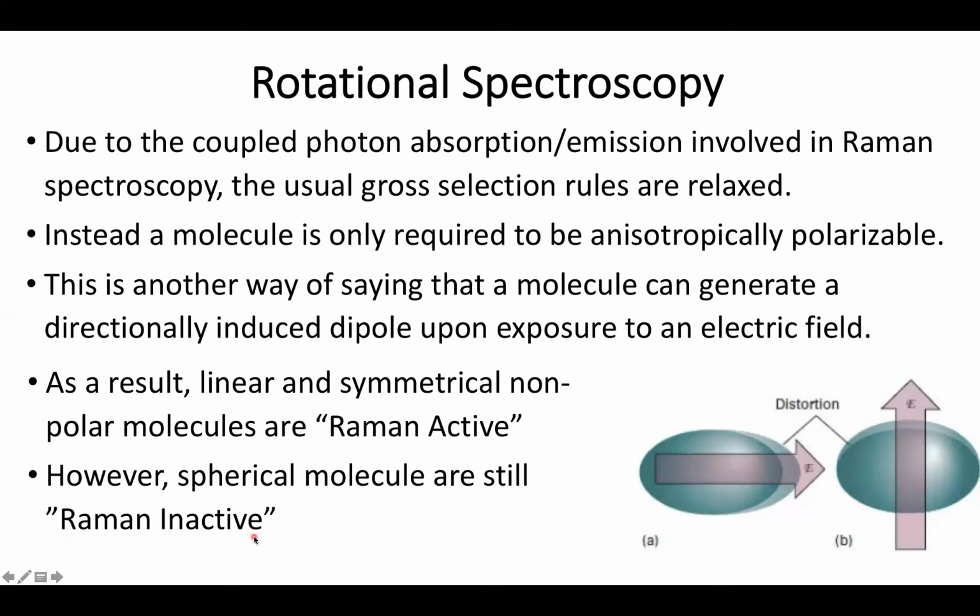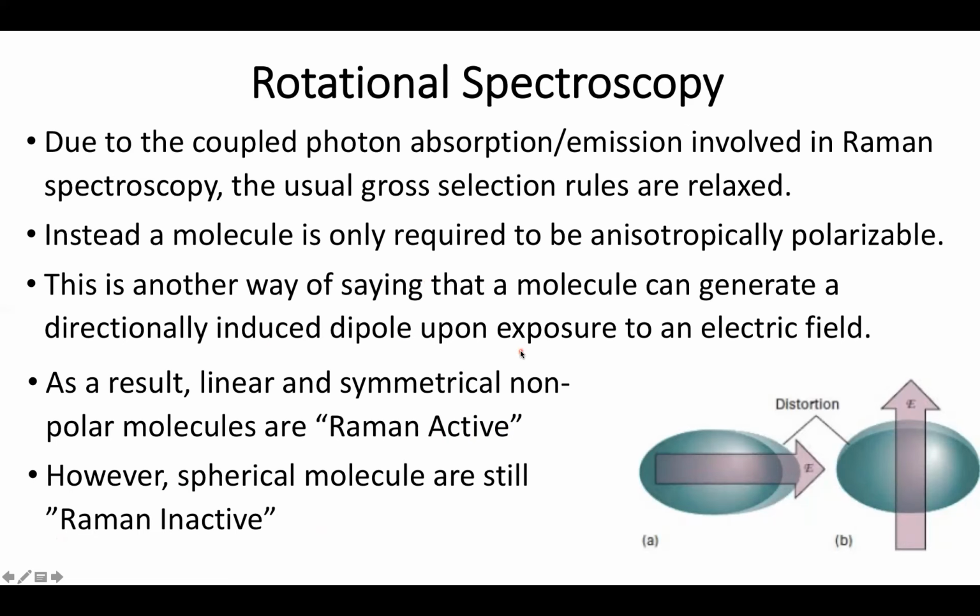So if you're trying to do rotational spectra of methane, best of luck. However, we do have a large number of molecules such as CO2 and iodine that have now been rendered Raman active, so I can actually figure out their rotational spectra.